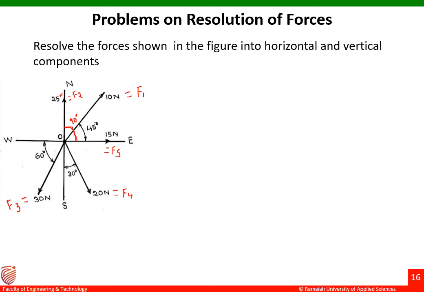That means there is no angle between the force and the horizontal axis, so it is 0 degrees for 15 Newton. In order to solve this problem, let us prepare a table. My first column would be force, the second column would be x component and the third column would be y component.